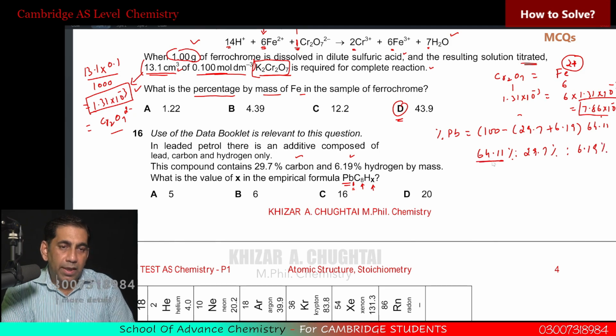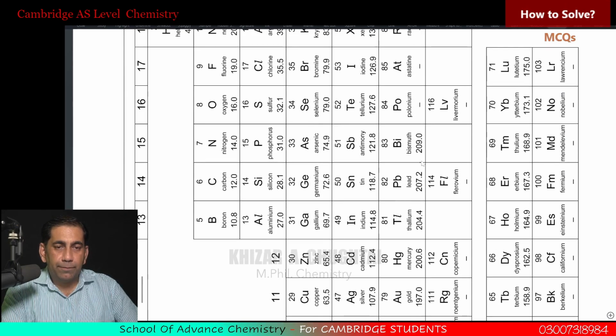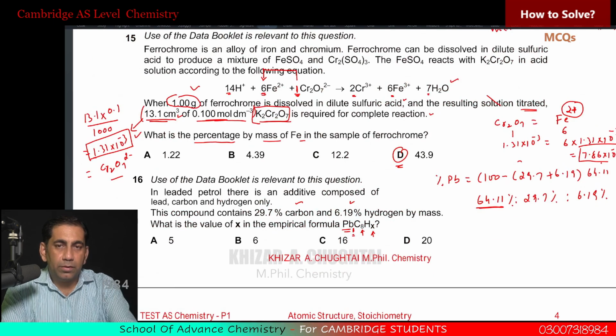So what is the AR of Pb, lead? You can see it over here in the data booklet. The mass of Pb is equal to 207.2. So 64.11 divided by 207, 29.7 divided by 12, and 6.19 divided by 1. AR of hydrogen is equal to 1, AR of carbon is equal to 12.